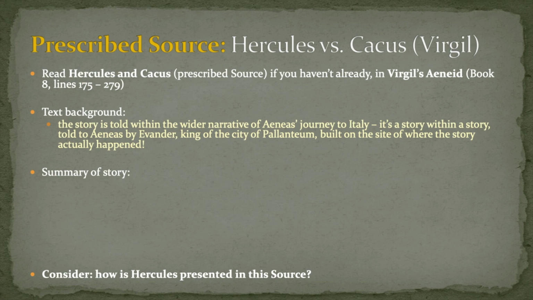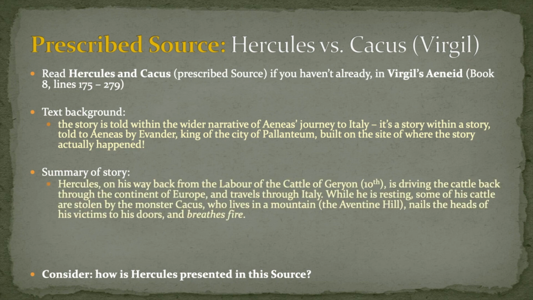Over time, Rome, when it is built, is going to spread out over all these particular areas. So the idea that Hercules visited the site that would become the site of Rome in the future is quite exciting. In a summary of the story, Hercules is actually on his way back from his 10th labour, the cattle of Geryon.